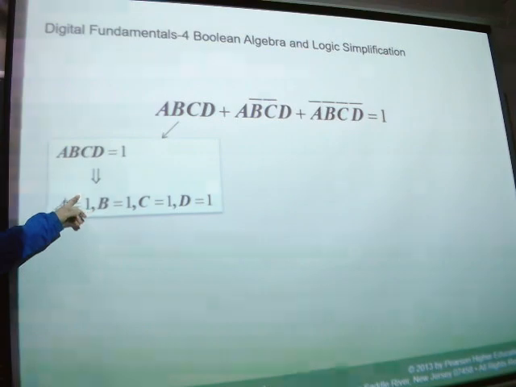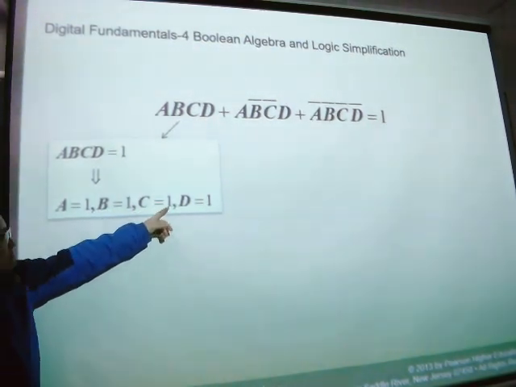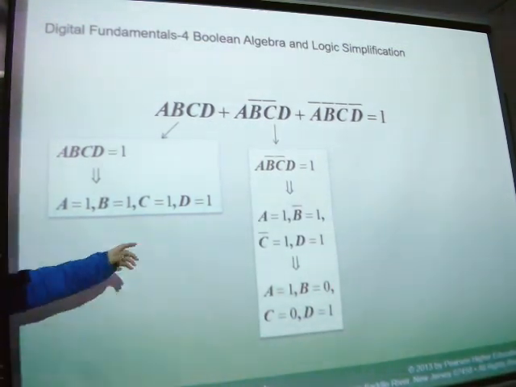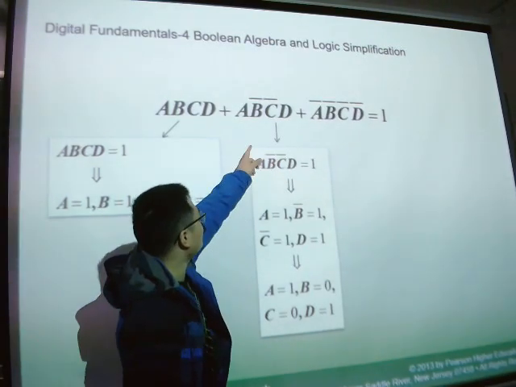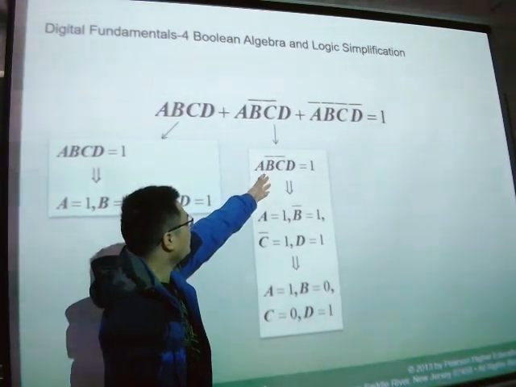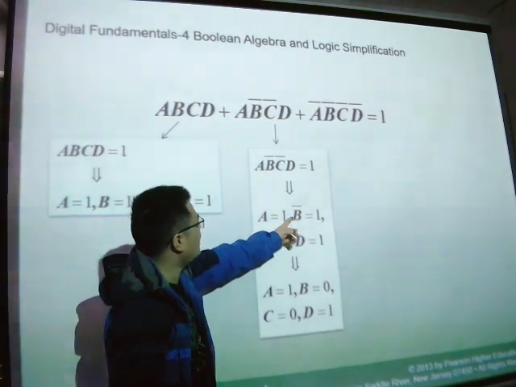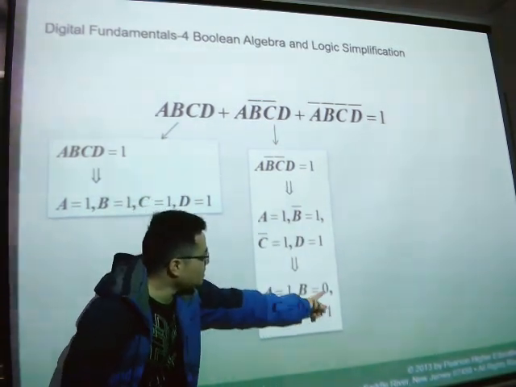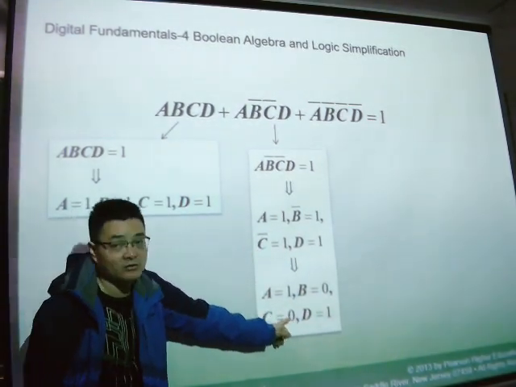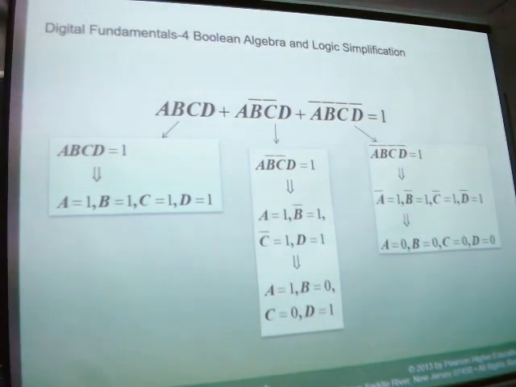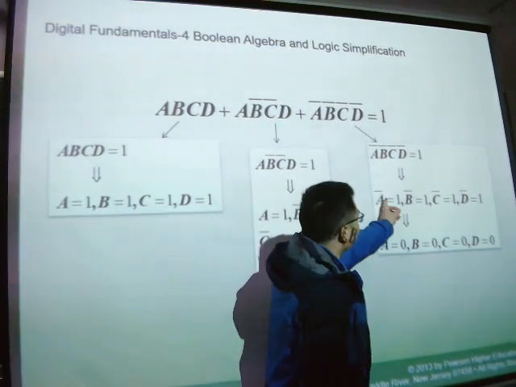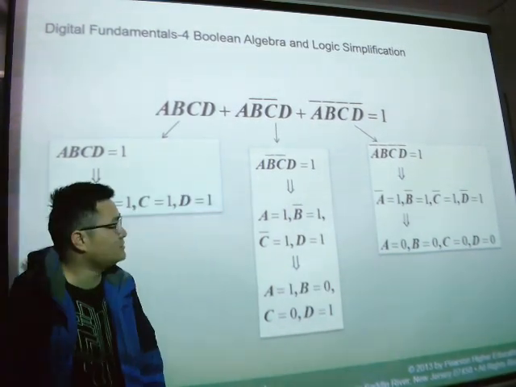So we find that A equals 1, B equals 1, C equals 1, D equals 1. And then A B bar C bar D equals 1 is equivalent to A equals 1, B bar equals 1, C bar equals 1, D equals 1, so B equals 0, C equals 0. Also, the third product term, A bar B bar C bar D bar equals 1, so A 0, B 0, C 0, D 0.